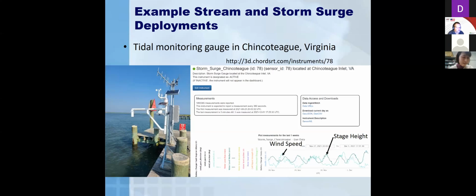Here's the station in Virginia. It's primarily used for tidal monitoring, but could also be used for storm surge if a hurricane approached the east coast of the United States. This station, as I mentioned, has stage height and also wind measurements. So here you can see the diurnal cycle of the stage height from the tidal variations at the bottom, but also there's a daily diurnal cycle of wind speed.